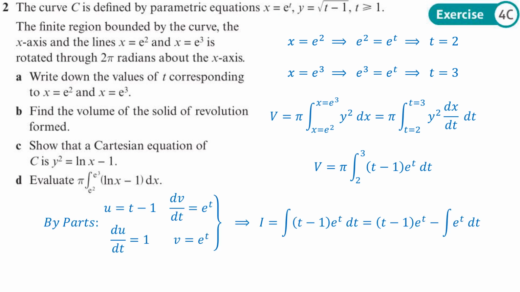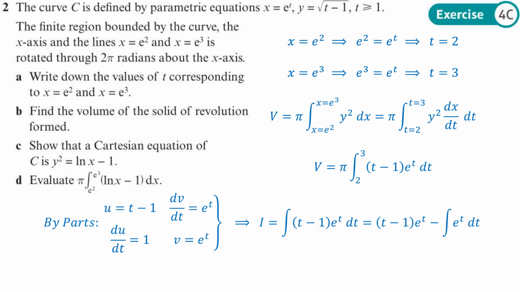Take care with your notation. What I've done here is I've set up an indefinite integral, so I'm not worrying about limits yet, just so I can evaluate and tidy up what I get if I integrate t minus 1 times e to the t. So I apply the parts formula, I get a result, and once I've got that result, I'm practically there.